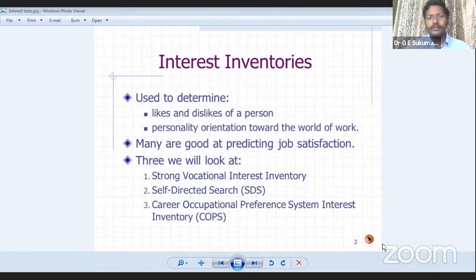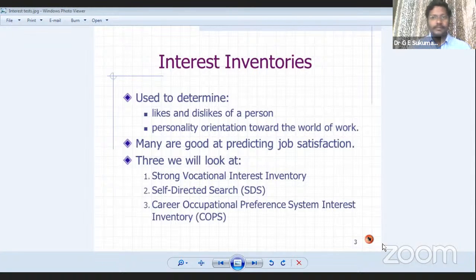So interest is good at predicting job satisfaction. If they have interest, they show good job satisfaction. For example, based on their likes, if one particular person has selected a job. We talked about aptitude based on their abilities: if a person is selected on that basis, he will be successful at work.